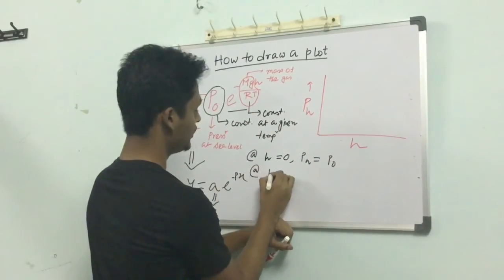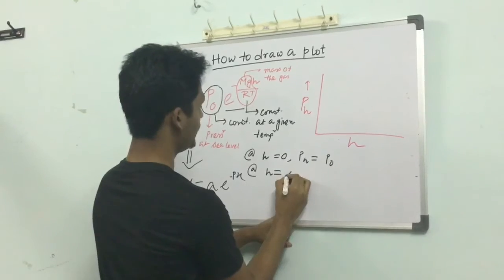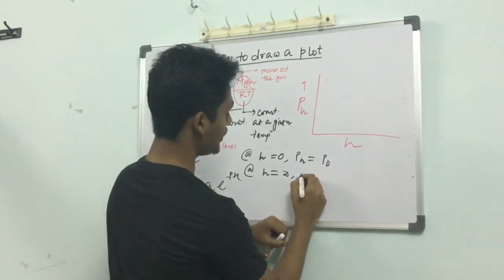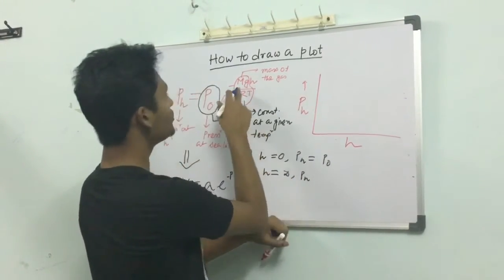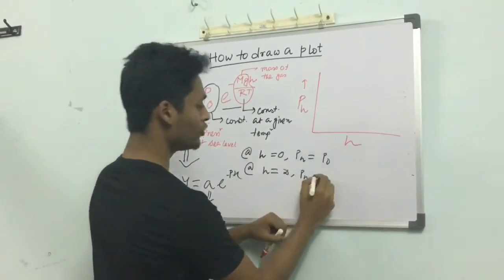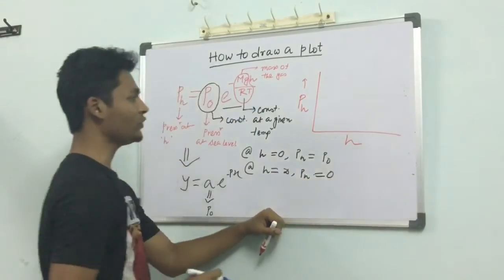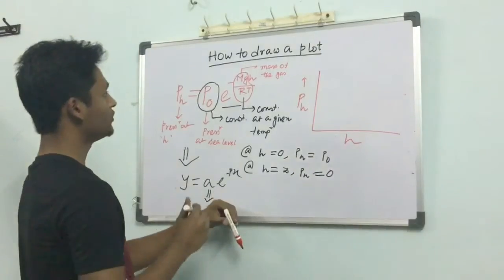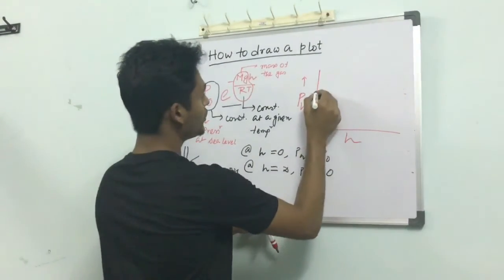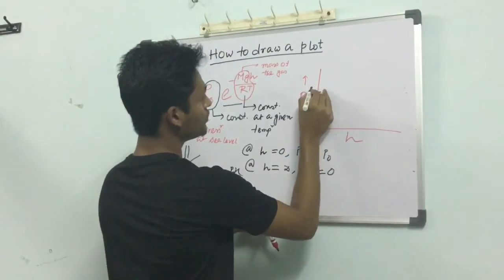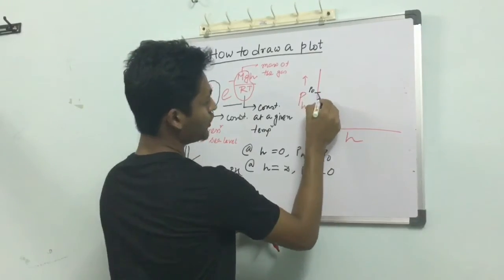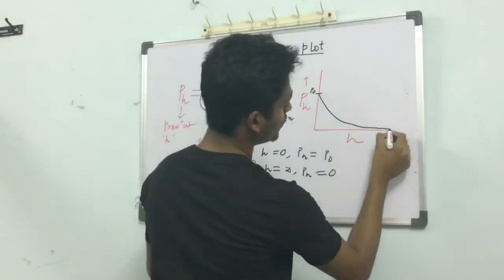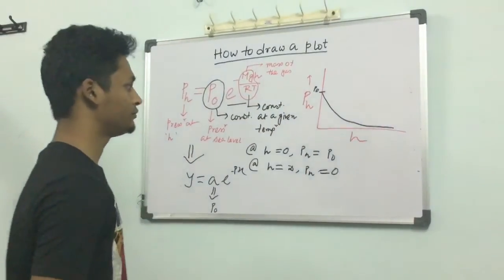And at h tends to infinity, that means higher, this is going to be e to the power minus infinity, that is 0, and P_h will be 0. Okay, so what will happen? It will come from P0.